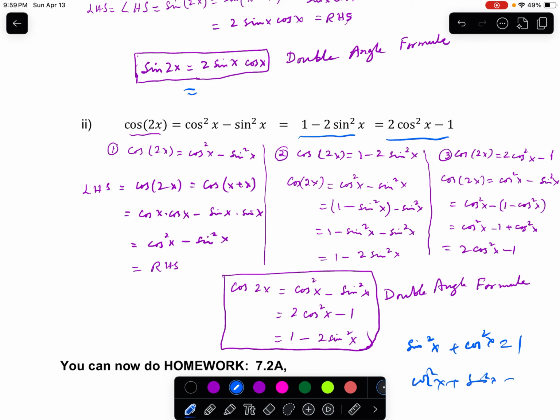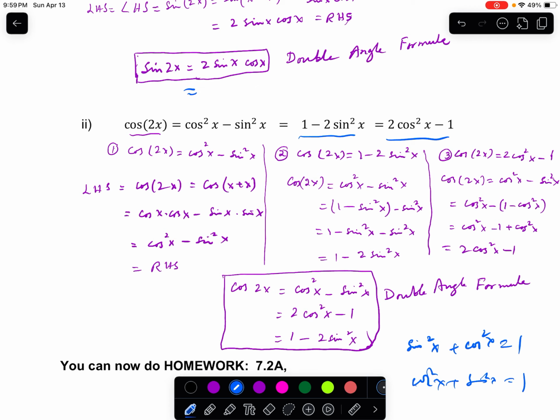But here with the formula we cannot switch them. We cannot do sine square minus cosine square. It has to be cosine square minus sine square. Okay, so the first one is done, shown.